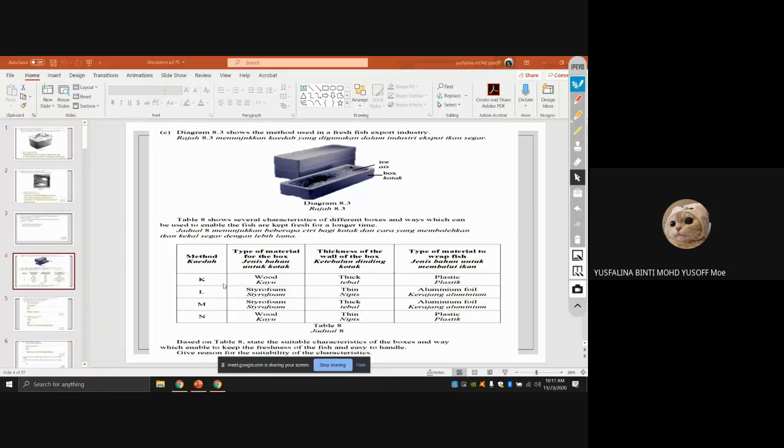This is the methods K, L, M, N. The type of material, whether you want to use styrofoam or wood, the thickness, whether it's thick or thin, and the type of material to wrap the fish, whether you want to use plastic or aluminium foil. Remember, this is section A, I think. Question number 8.